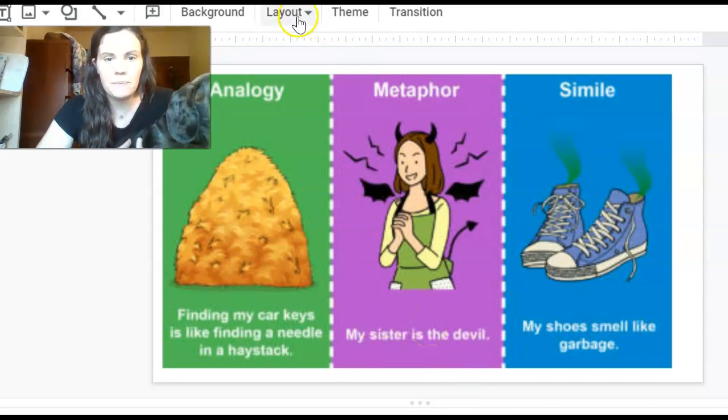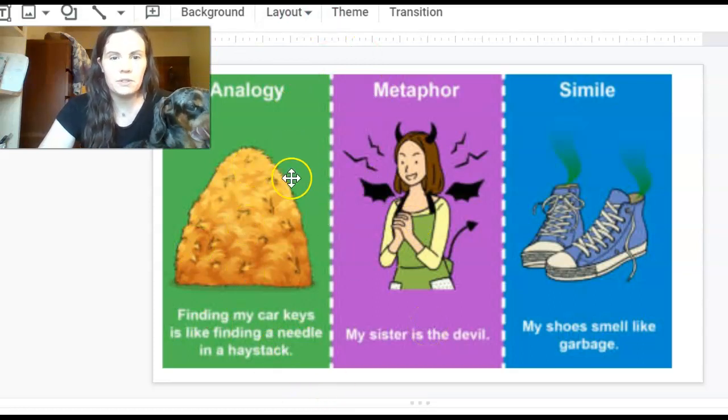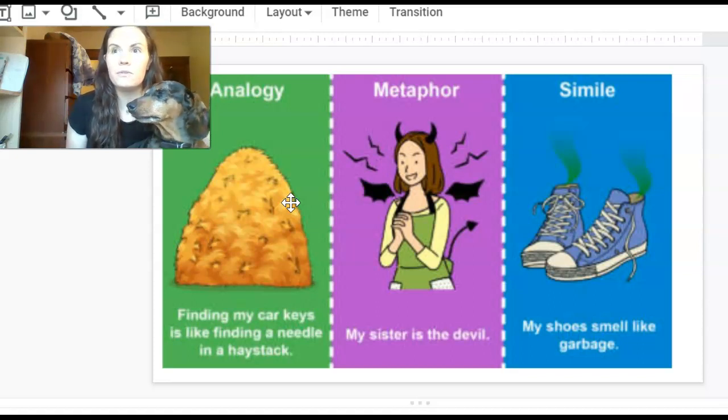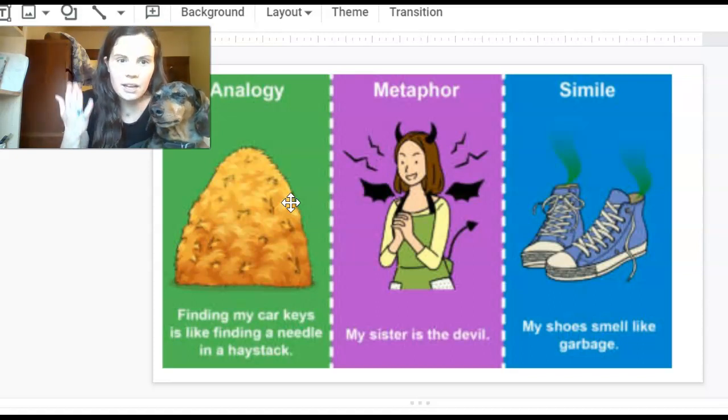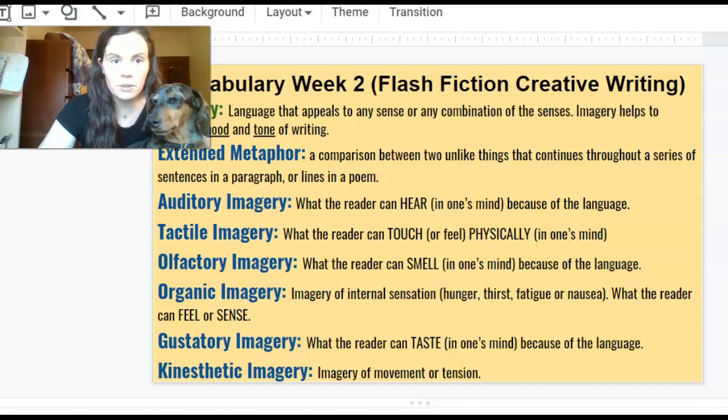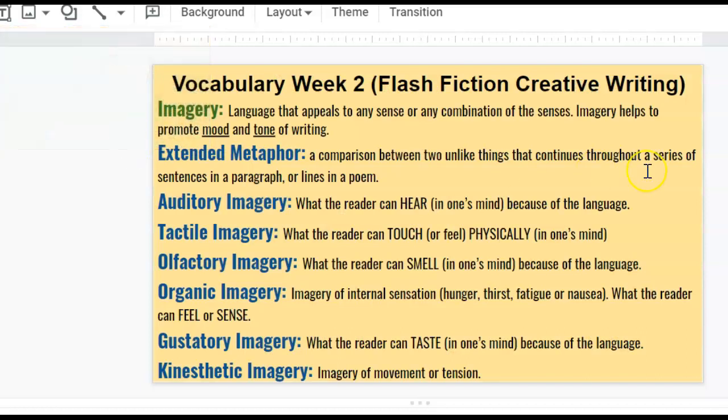It's not a comparison. Another thing that metaphors frequently get mixed up with is analogy. An analogy is more like a comparison for the purpose of explaining something. I use analogies in class all of the time. So when we talk about extended metaphors, what we're really looking at is a comparison between two unlike things that is extended, that continues through a series of sentences in a paragraph or lines in a poem.